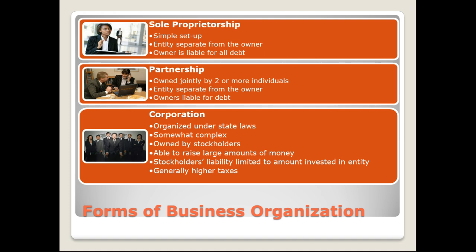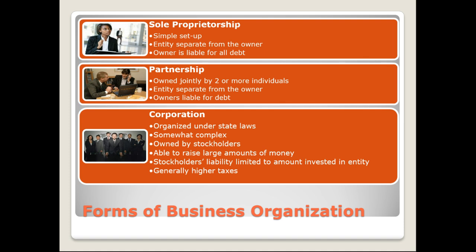Now, in the United States and other nations, there are things called corporations. Corporations are more complex, and in the United States, each state or territory has separate laws about how a corporation is set up. Corporations are owned by their stockholders, and there are generally 100 or more. But each stockholder, though they are liable for some of the debt and negligence of the company, they are only liable up to the proportion of their ownership.